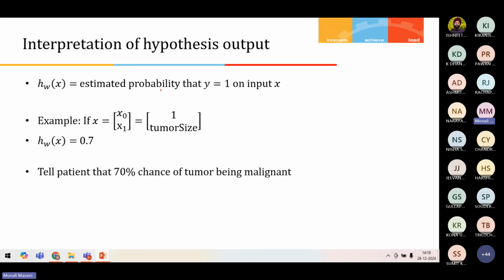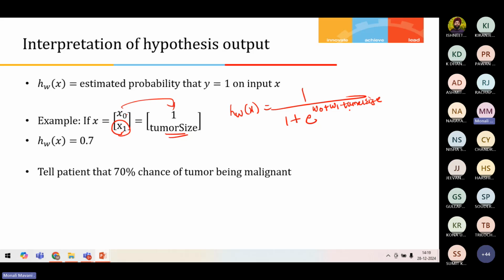This is just an example of how you can interpret the hypothesis output. Say we have one feature, tumor size, and x0 is the bias coefficient, which is always 1. If I were to write the hypothesis function for this very simple example, h_w of x equals 1 upon 1 plus e raised to minus (w0 plus w1 into tumor size).